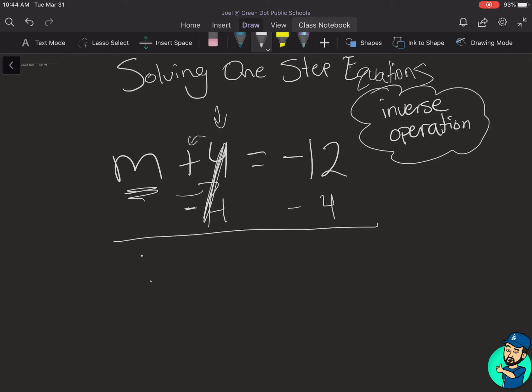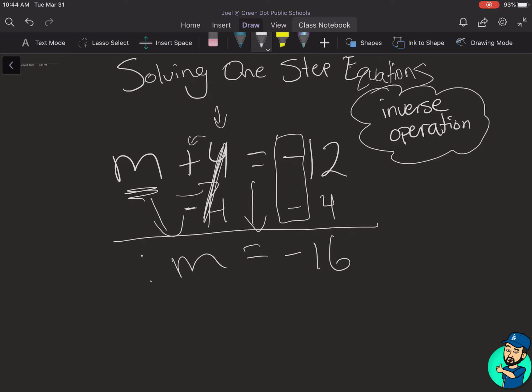Now this cancels out. I bring down m. I bring down the equal sign, and the negative 12 minus 4 equals negative 16. Whenever you have the same signs, you add them and keep the sign.